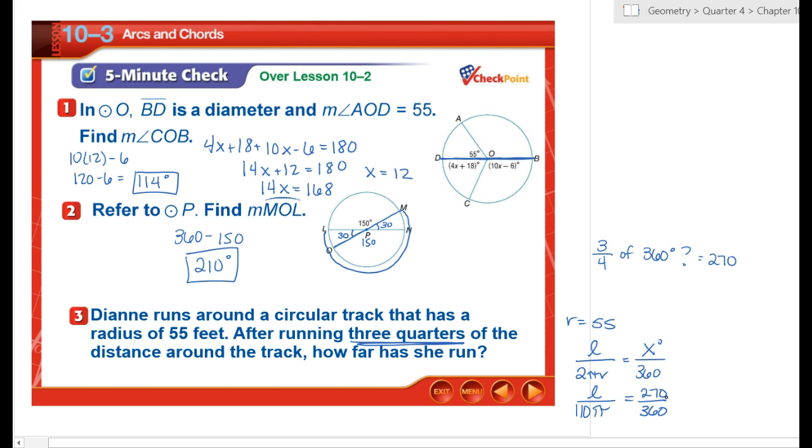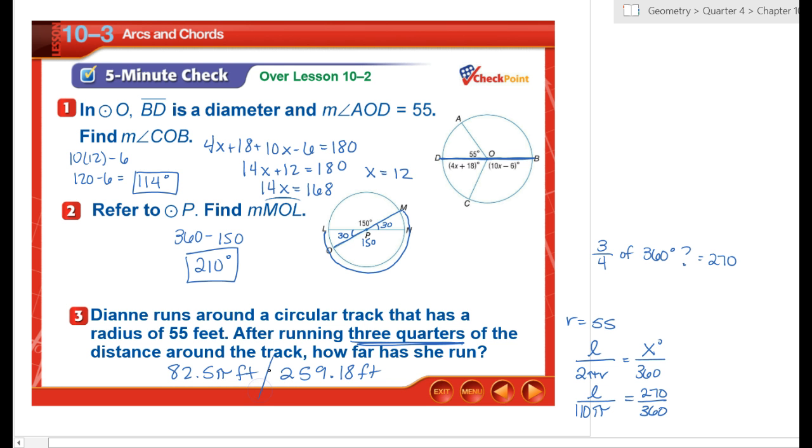Okay, you cross multiply. The exact answer should be 82.5 pi feet, or the rounded version would be 259.18 feet.